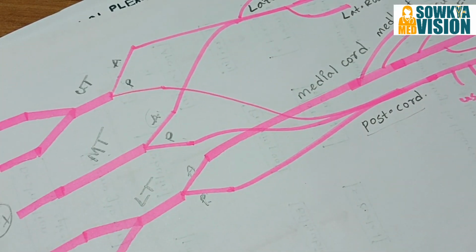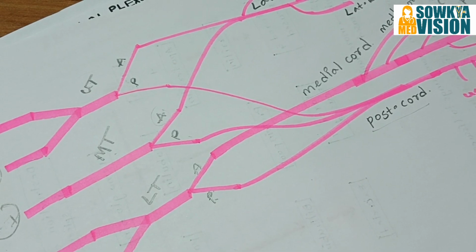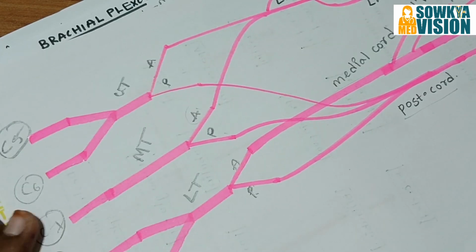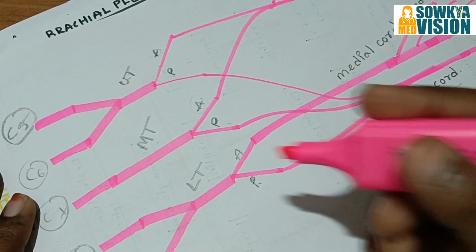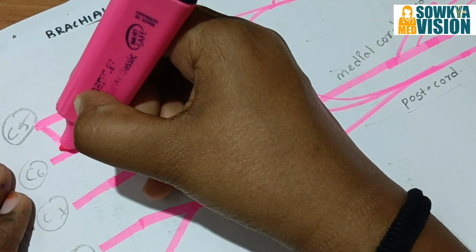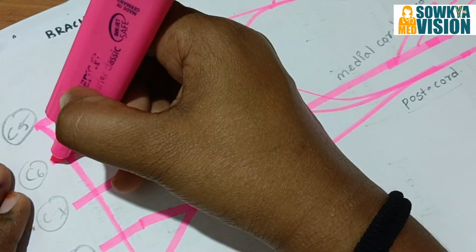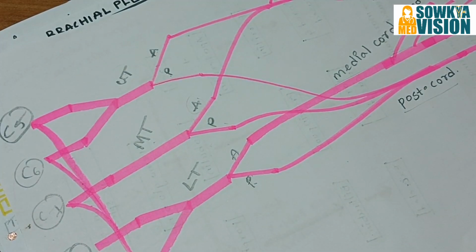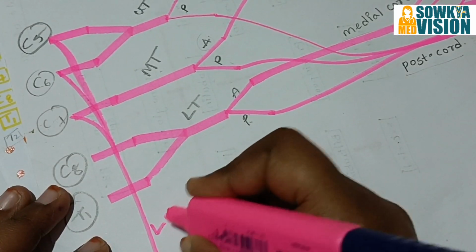There are branches from the trunk, from the upper trunk, and also from the roots. So what is the another nerve that is forming from roots? That is long thoracic nerve. The C5, C6, C7, these three roots contribute in the formation of long thoracic nerve.